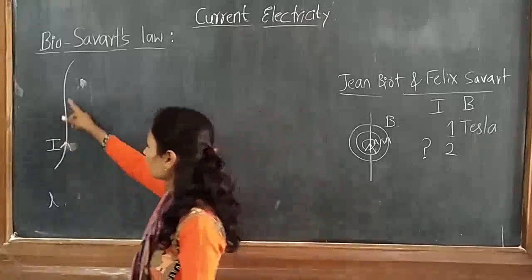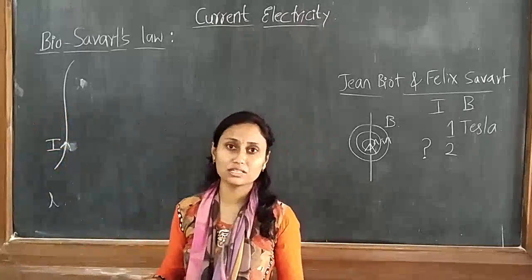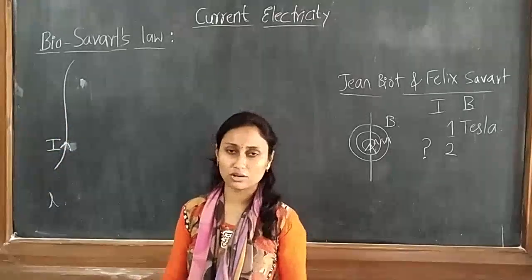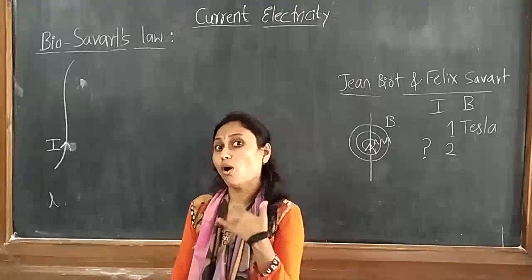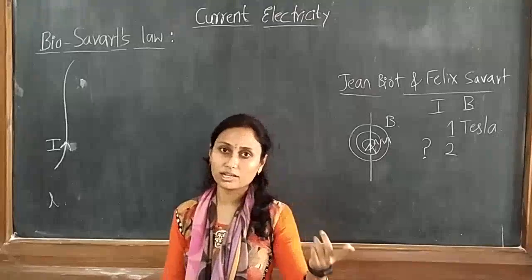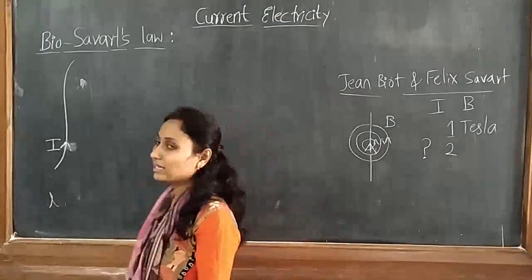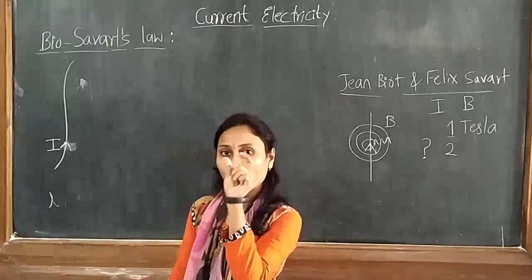As it is a conductor, when current is flowing, of course it is producing the magnetic field in the surrounding area. Now we want to find the magnitude of that magnetic field, because we have already calculated the direction of the magnetic field. Now to find that magnetic field, I will choose one point.